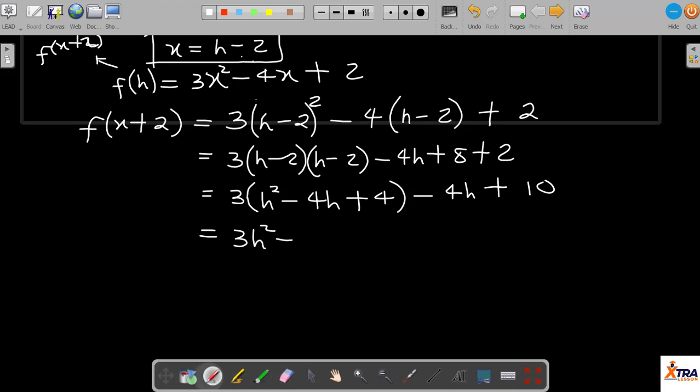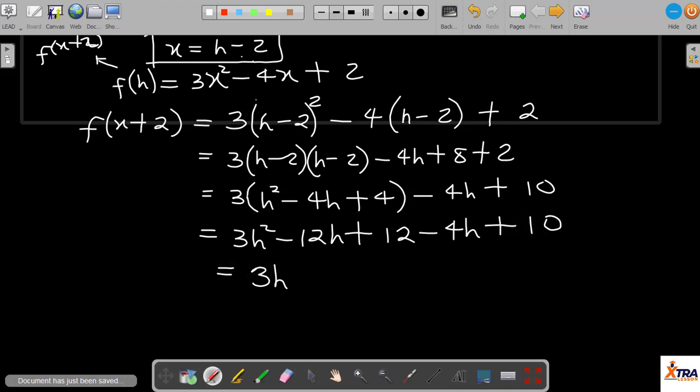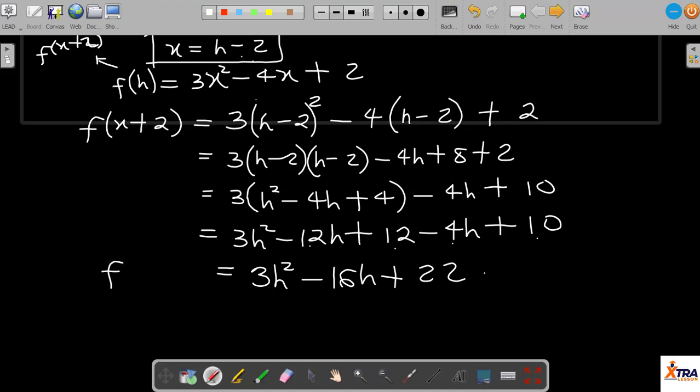Opening the bracket with 3, we have 3h squared minus 12h plus 12, minus 4h plus 10. Collecting like terms and simplifying, minus 12h minus 4h gives minus 16h, and plus 12 plus 10 gives plus 22. So this becomes our f of x plus 2.